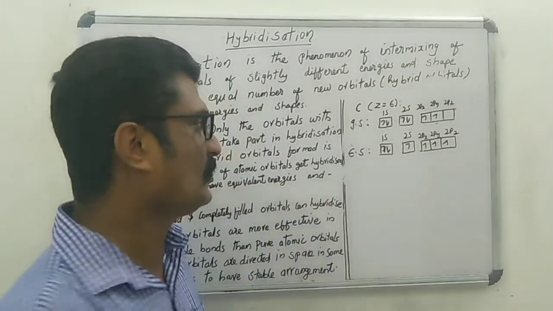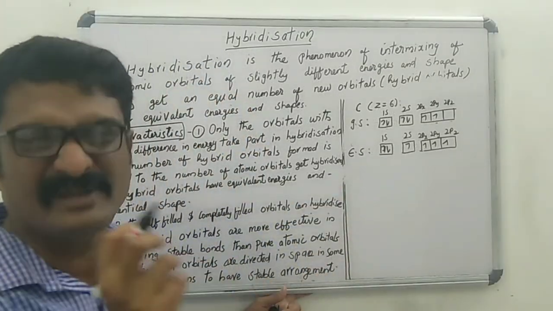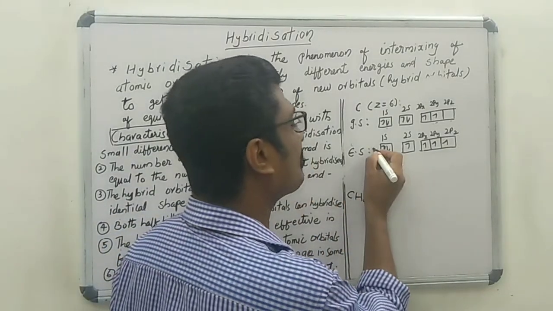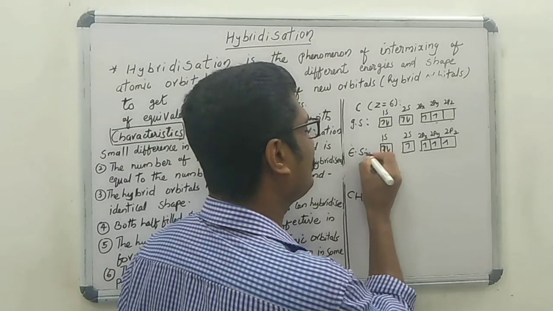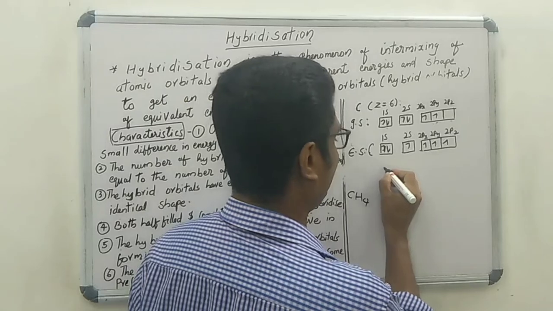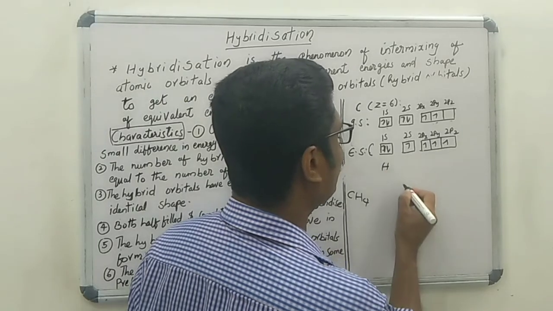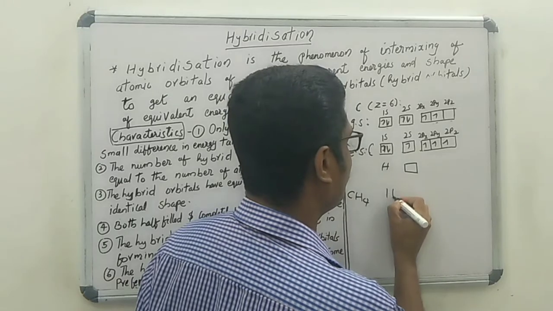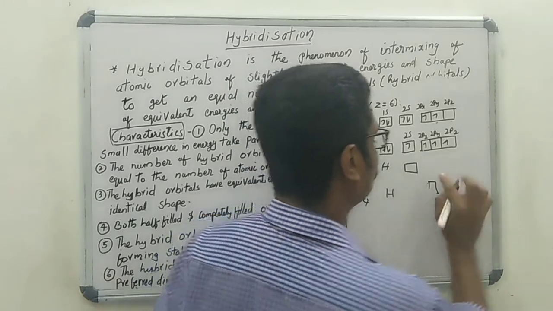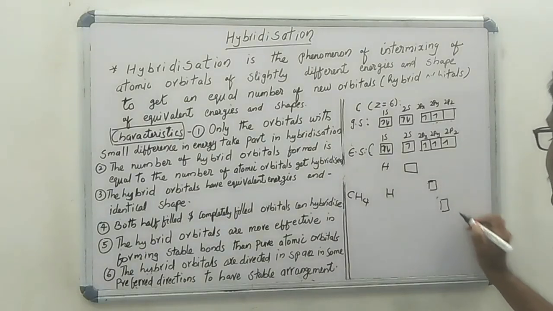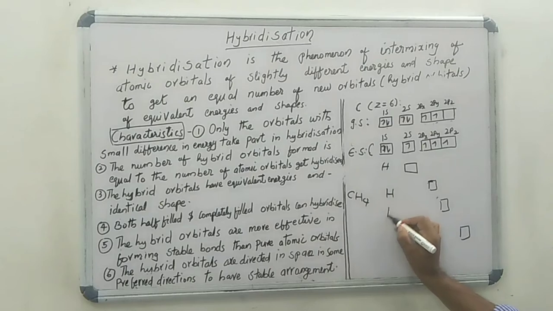In the methane molecule, CH4, this carbon forms bonds with 4 hydrogen atoms: 1, 2, 3 and 4.